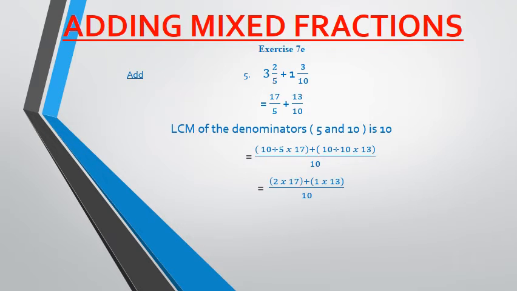We get 2 multiplied by 17 plus 1 multiplied by 13 upon 10, which in turn is equal to 34 plus 13 upon 10, which in turn is equal to 47 by 10. And now this is not our final answer. This is an improper fraction. So first we will change it into a mixed fraction. And so our final answer is 4 7 by 10.